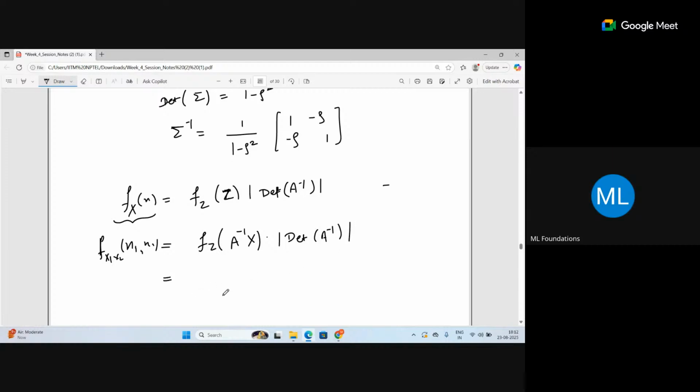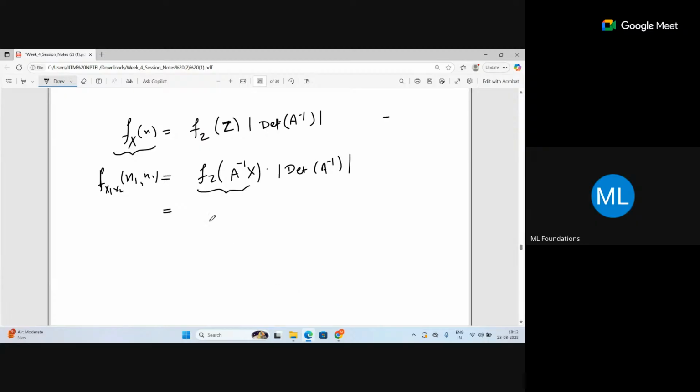Okay, now what is the density of this? How should I write the density of this?